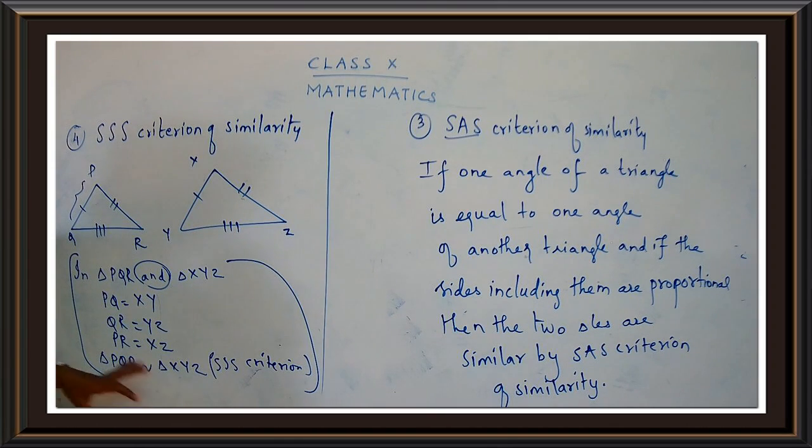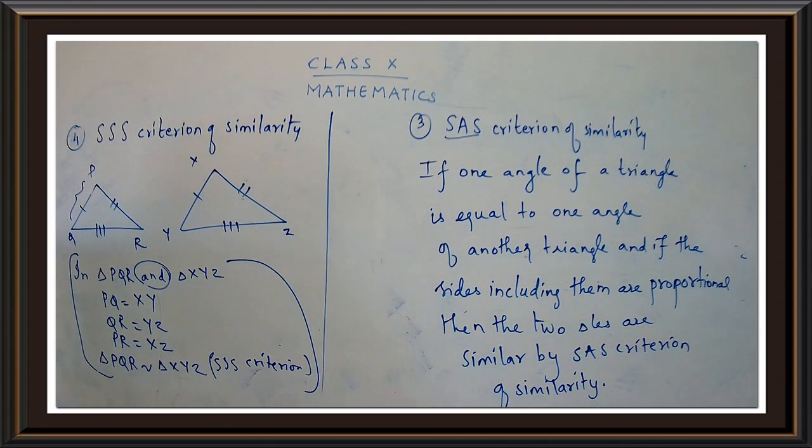Okay, children? So I hope you are clear. Here we were dealing with SSS, and we had triangle PQR and triangle XYZ. PQ is equal to XY, QR is equal to YZ, and PR is equal to XZ. So we can say that the triangles are similar by SSS criterion.